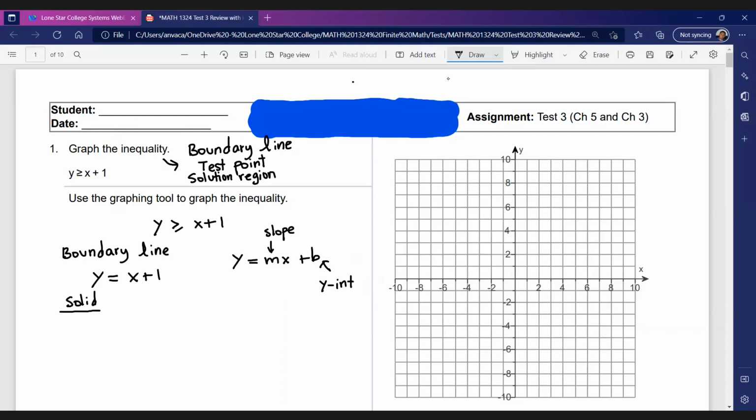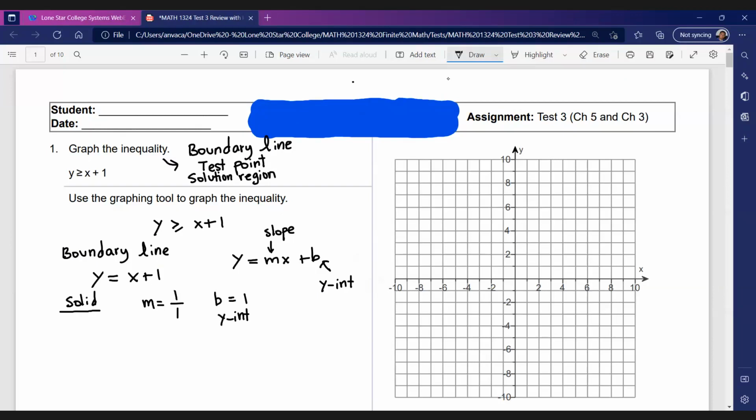For this particular line, the coefficient of x is equal to 1, so the slope is equal to 1. In fraction form, that will be 1 over 1. The y-intercept, b, is equal to 1. With these two pieces of information, that should be enough to graph the boundary line.